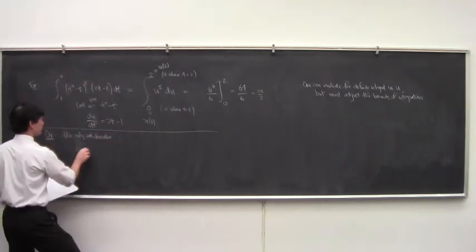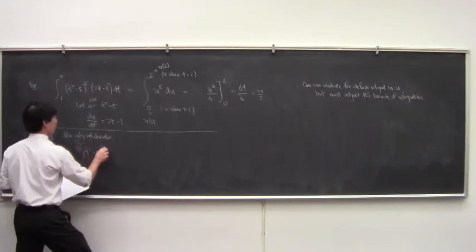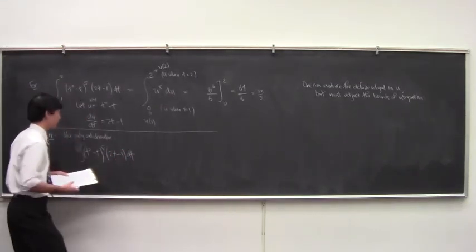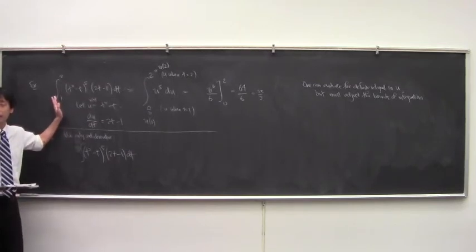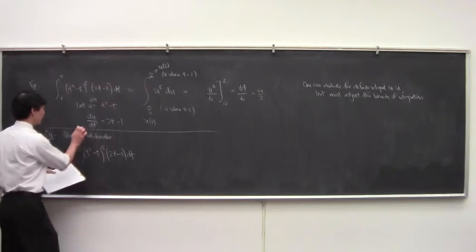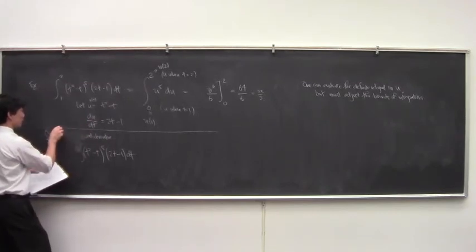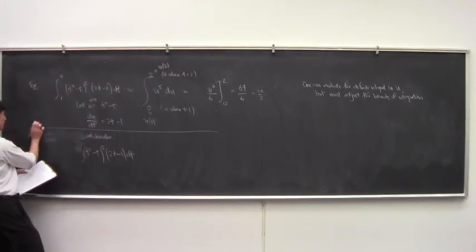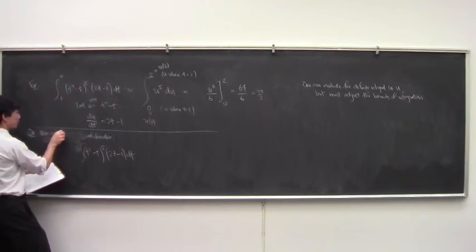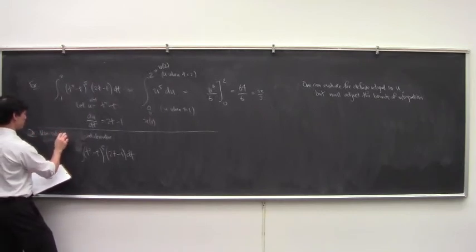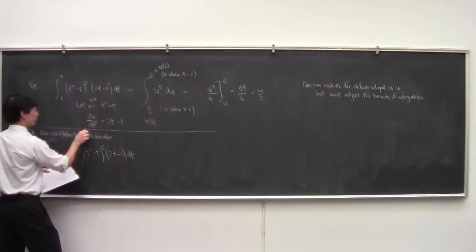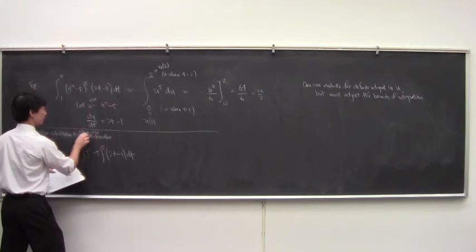With this thing, I'm only going to think about the antiderivative. I'm not going to think about the definite integral. And I'm going to use substitution to obtain only the antiderivative.